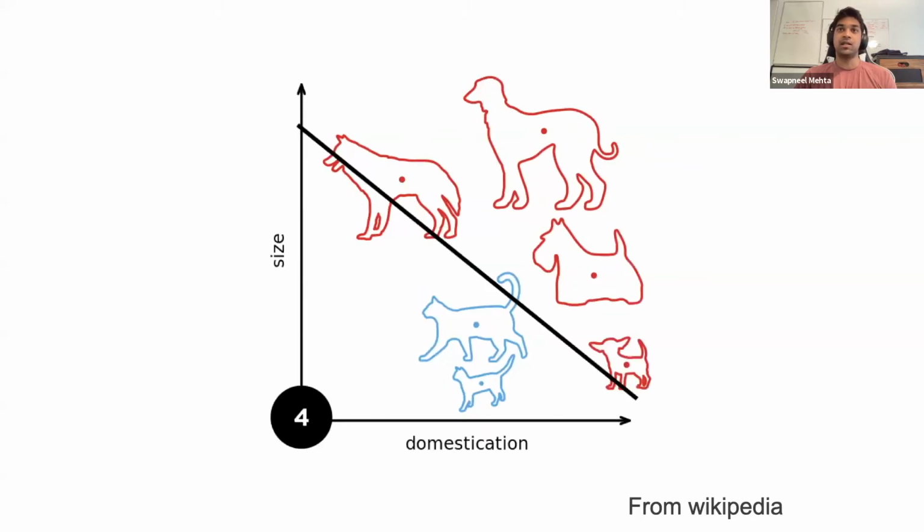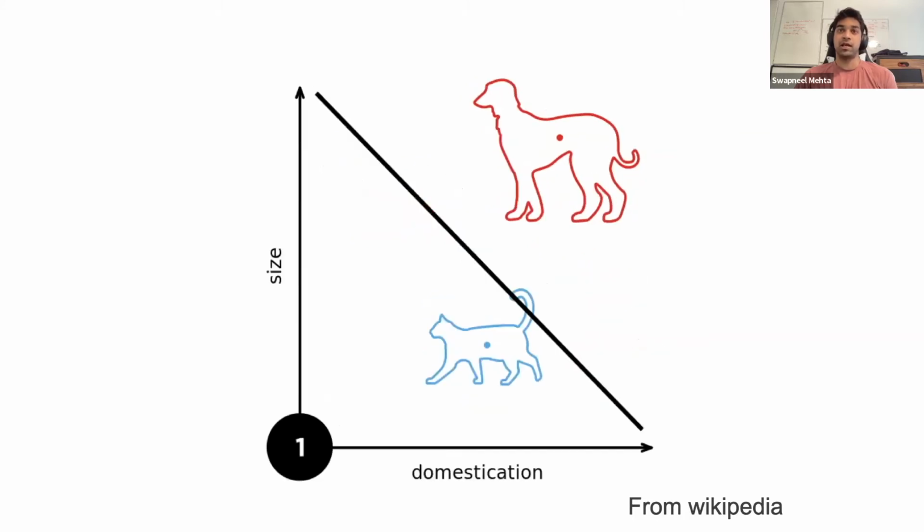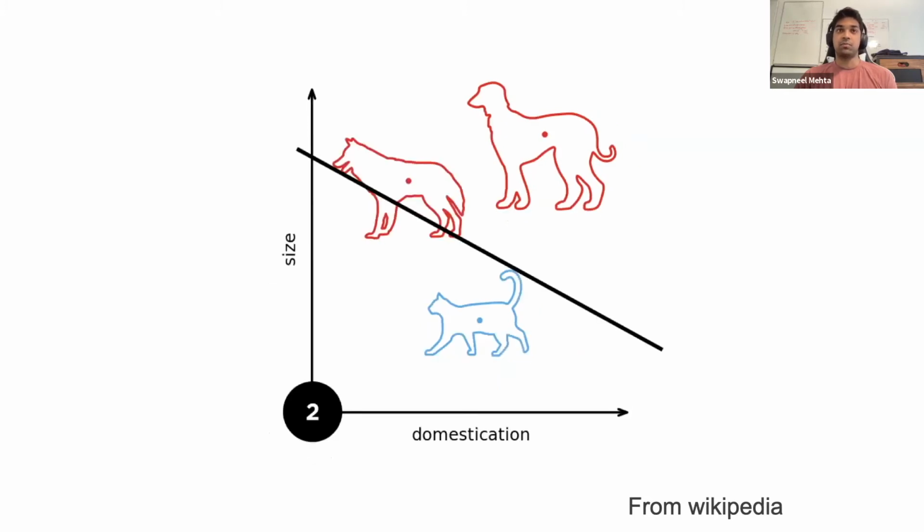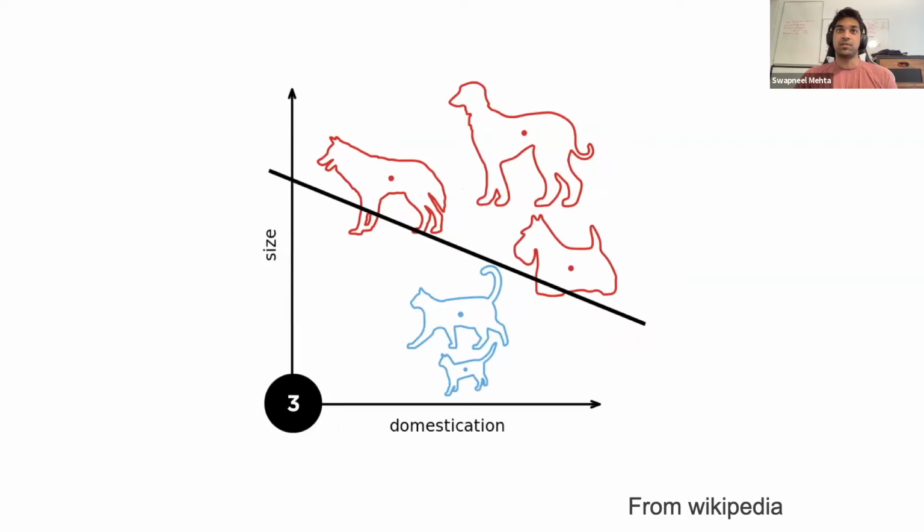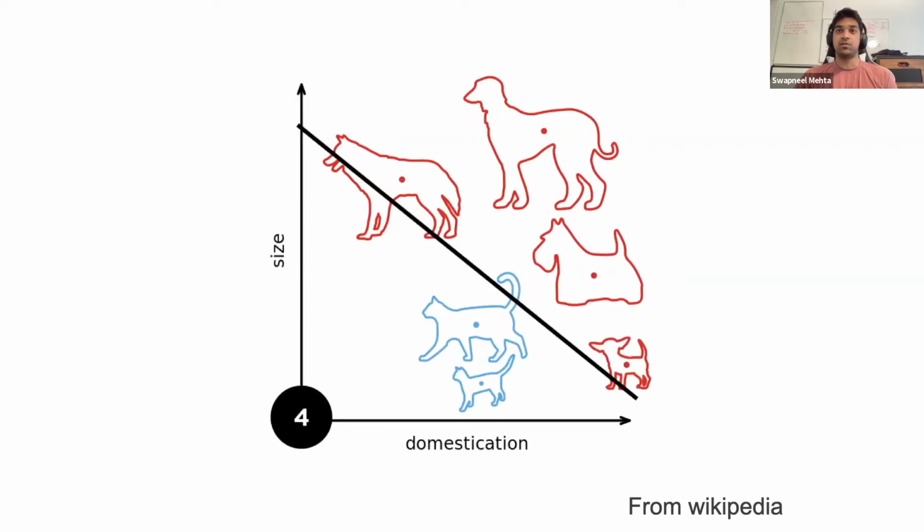Essentially that's what you're doing with this perceptron learning algorithm: you start somewhere, and I'm asking you to focus on the black line and the slope. Change the slope when you see more examples, change the slope when you see more examples, until all of these examples are correctly classified.